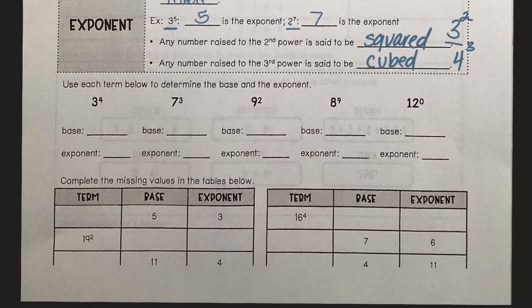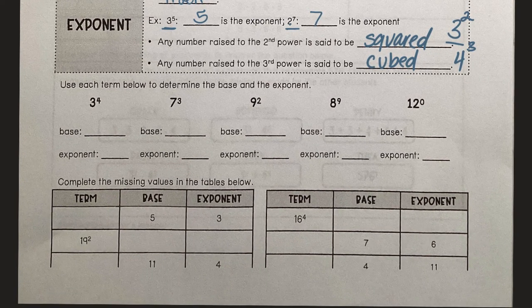Farther down on the page, it says use each term below to determine the base and the exponent. We're going to fly through this really quick based off of the notes that we just took. For the expression 3 to the 4th power, my base is 3, and my exponent is 4, because 3 is the big number, and 4 is the little number.